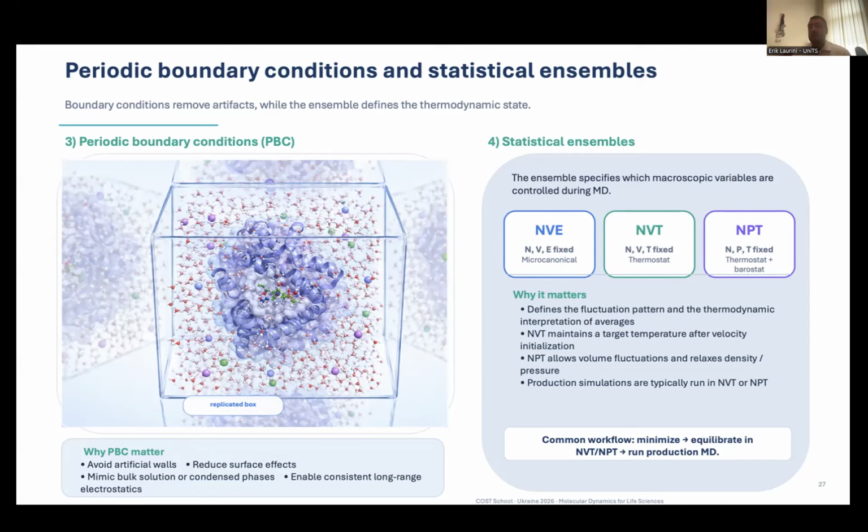The physical parameters you have to fix normally are the number of atoms, the volume of the system, the energy of the system, the temperature and the pressure of the system applied during the molecular dynamics, and you can apply different statistical ensembles in order to reach different molecular dynamics situations and obtain different levels of information and different ways to extract appropriately some properties.